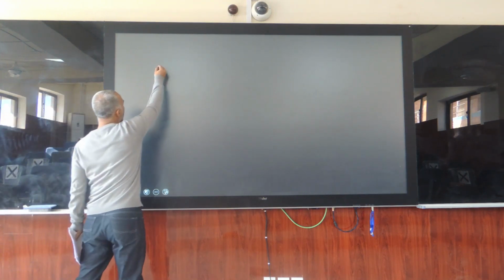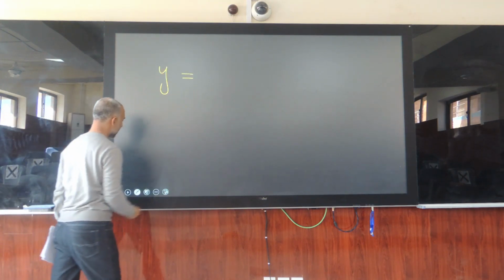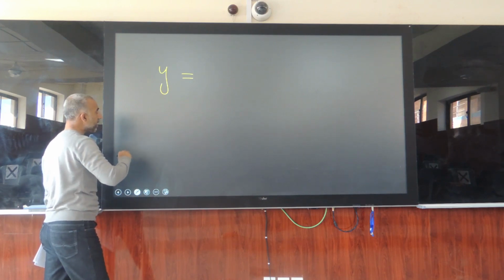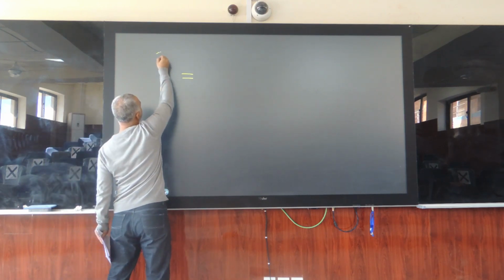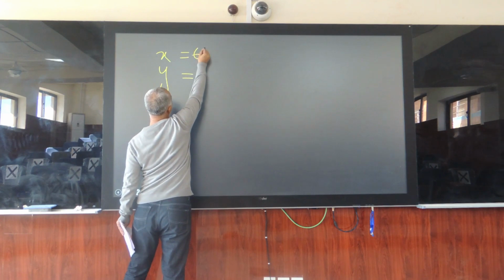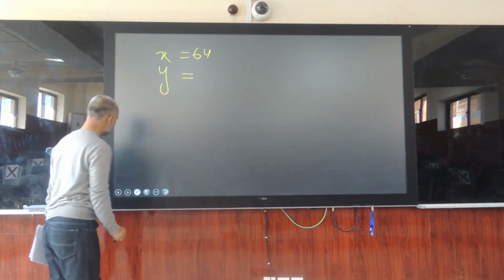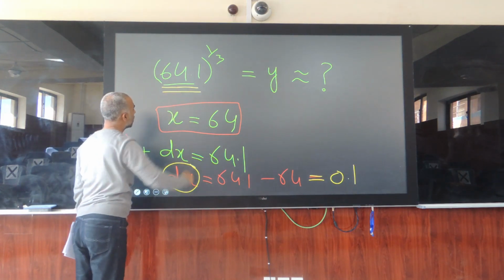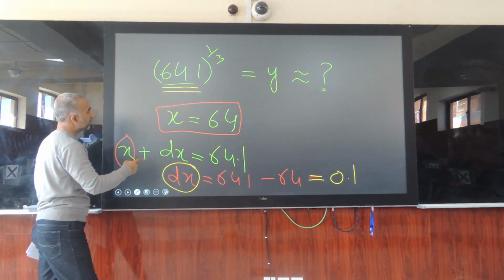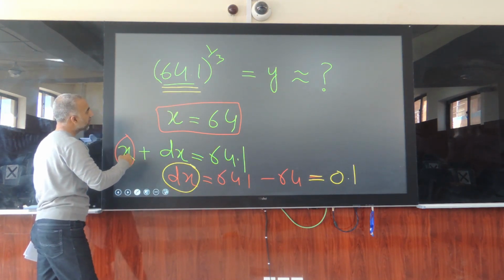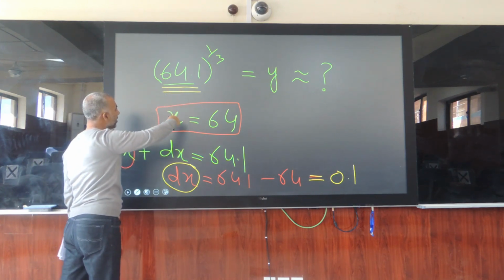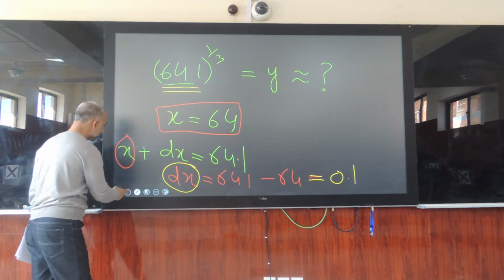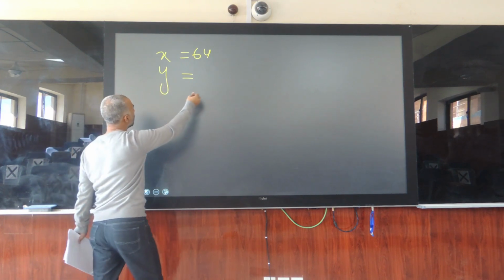Suppose we have y on an assumption basis as x equal to 64. According to the given expression, we are solving it with the help of differentials. Instead of 64.1, we are considering x equal to 64.